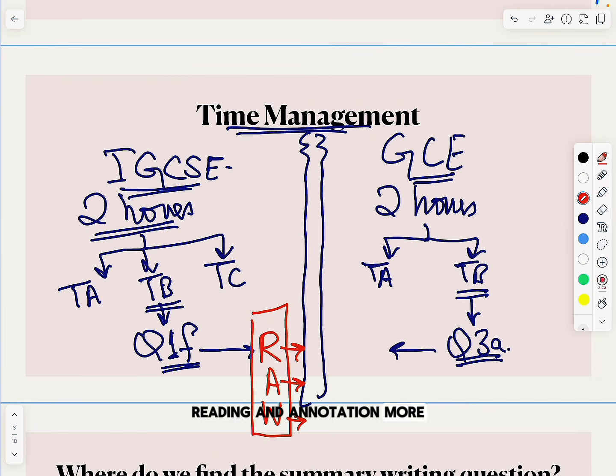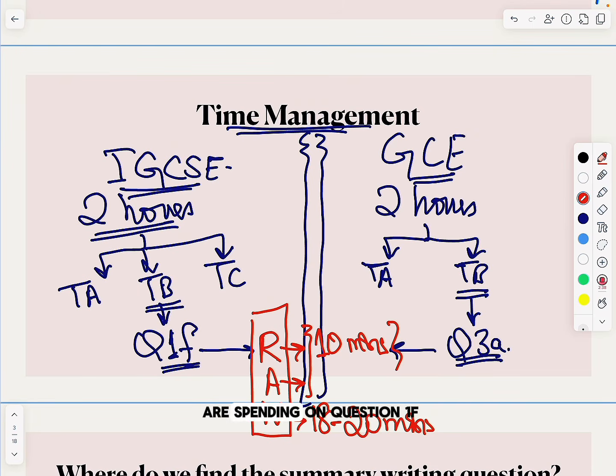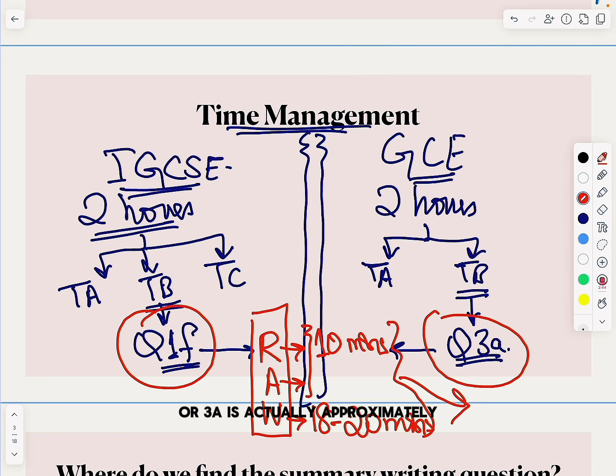Now, reading and annotation more or less collectively get about 10 minutes. And when you are talking about writing, we are looking at approximately 18 to 20 minutes. So all in all, the time that we are spending on question 1F or 3A is approximately, give or take, 30 minutes.